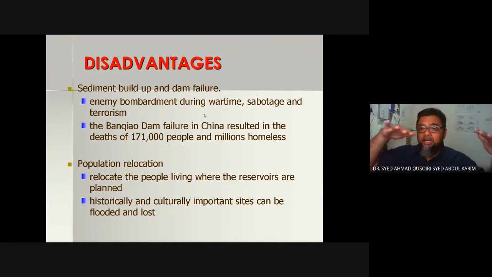Dan sedimen ni kadang-kadang dia berkumpul di bahagian hilir sekali, maksudnya dia berkumpul di kawasan ampangan tu. So boleh menyebabkan ampangan tu, inlet dia tersumbat dan sebagainya. So sedimen tu perlu dibersihkan from time to time sampai sedimen tu properly mendap.